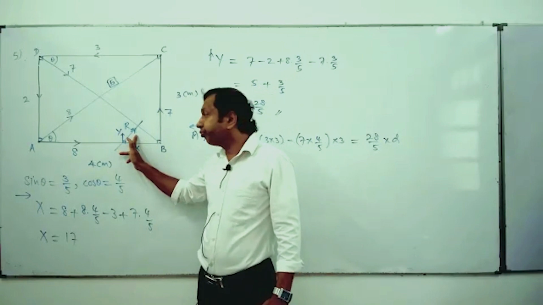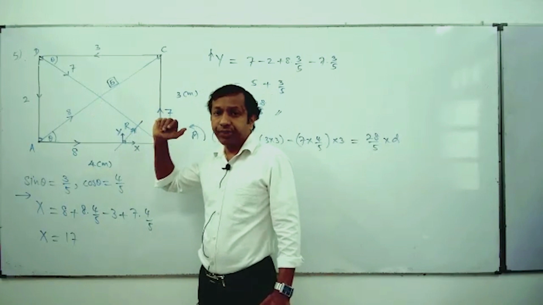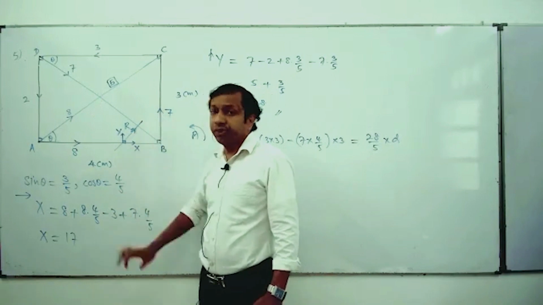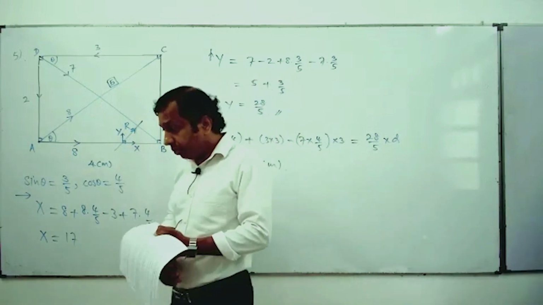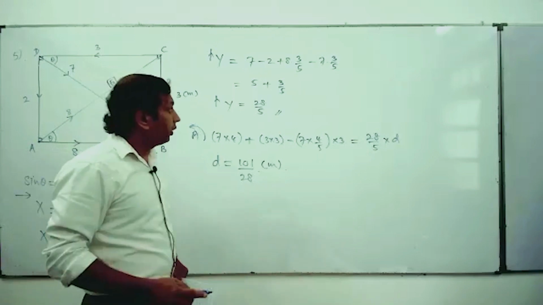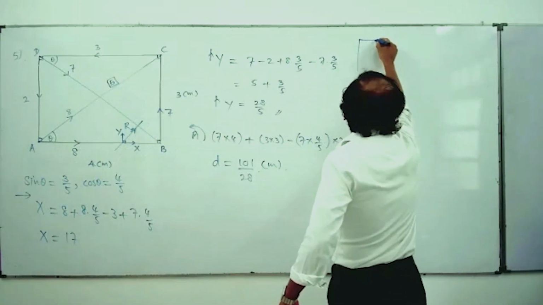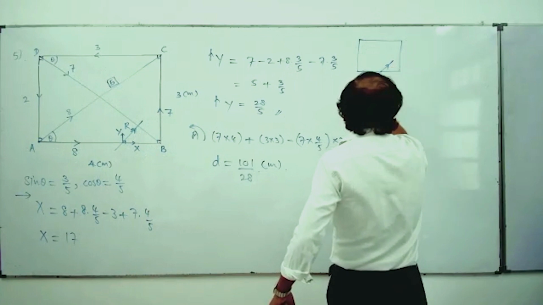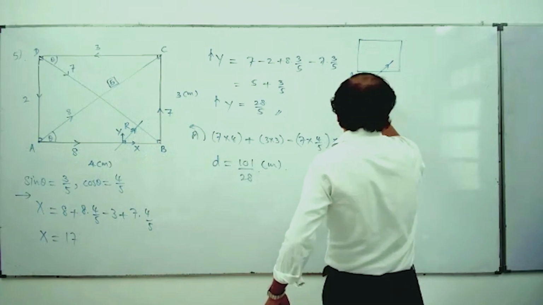Then I can ignore all these 6 forces and consider this single force instead. So now, if I draw that diagram here, this is that single force acting at this distance 101 over 28.